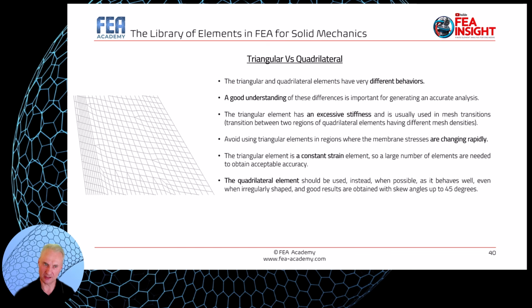The quadrilateral element, on the other hand, should be used instead of the tria when possible, as it behaves very well even when irregularly shaped, and good results are obtained with skew angles up to 45 degrees.